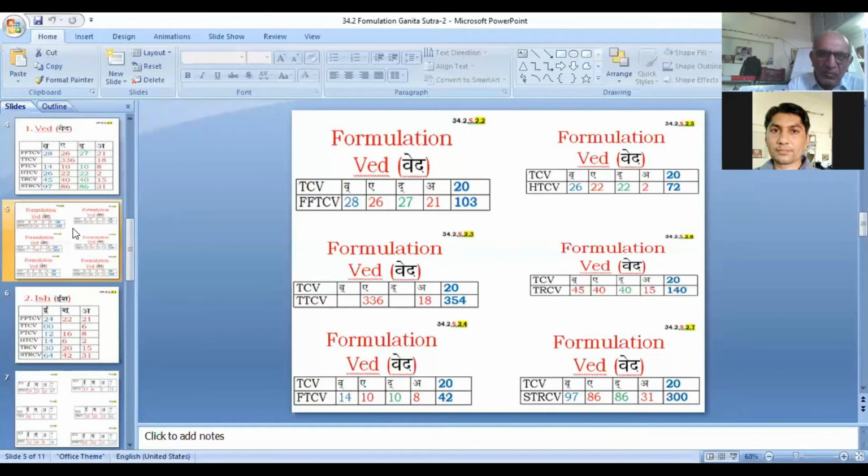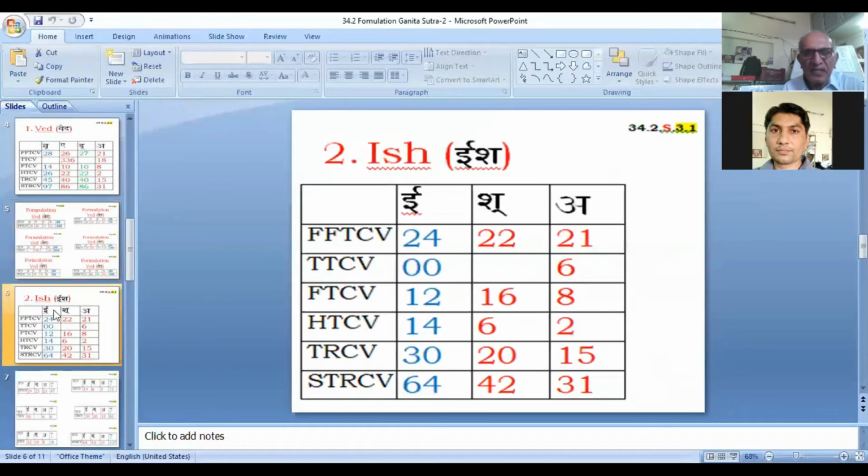So the formulation Ved of TC value 20 deserves to be chased as 6 phases and stages of reach of 6 inner folds.